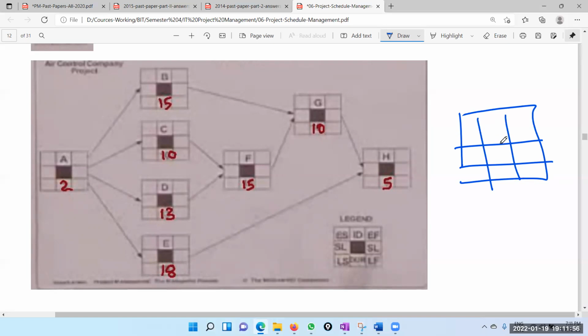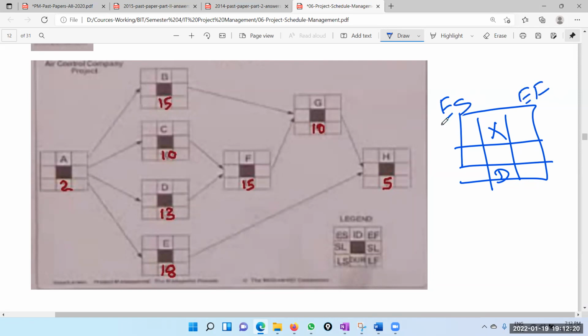Okay. Right. So here we give the activity label, A or B or whatever. Then we have the duration here in this particular format. Then we have the earliest start here, earliest finish here.